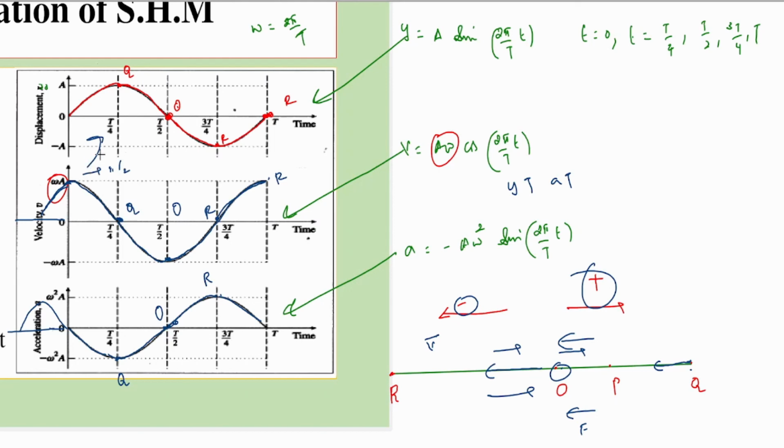That's why the phase difference between velocity and displacement is pi by 2. When you pull the graph of A by pi by 2, we get the velocity curve, and when you pull it by pi, we get the displacement curve. So the phase difference between displacement and velocity is pi by 2, velocity and acceleration is pi by 2, and displacement and acceleration is pi.